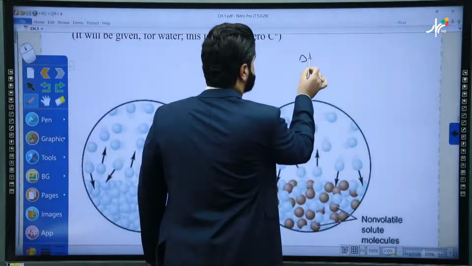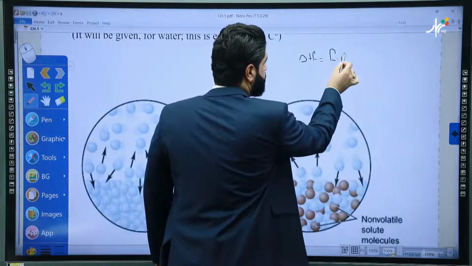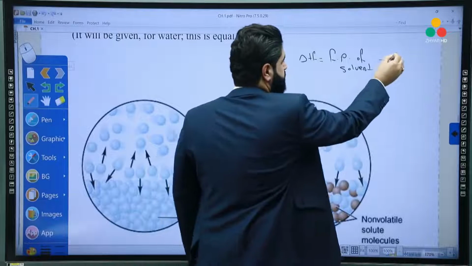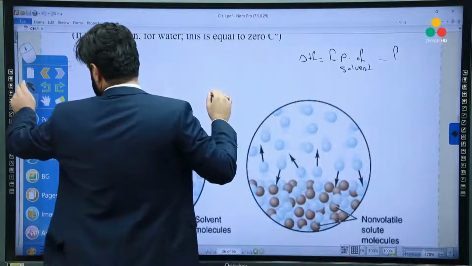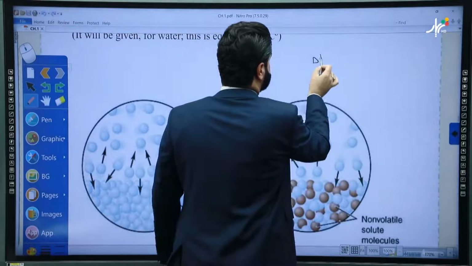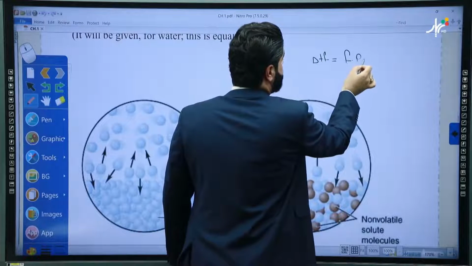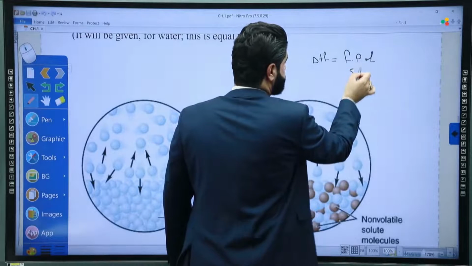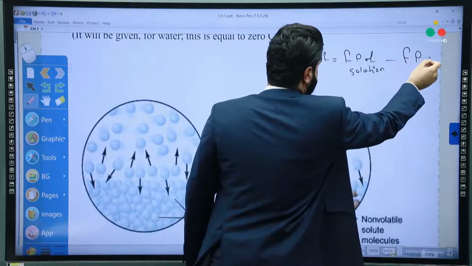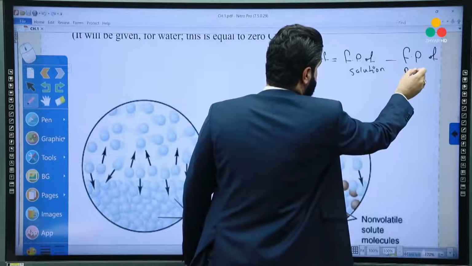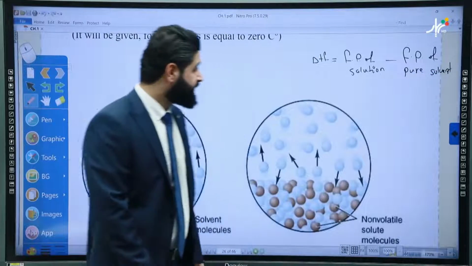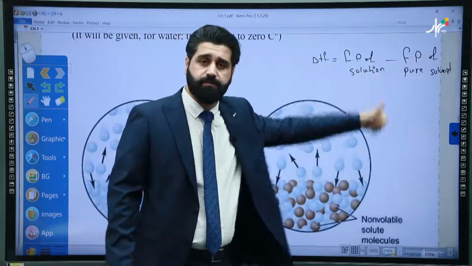Delta TF equals the freezing point of the solution minus the freezing point of the pure solvent.